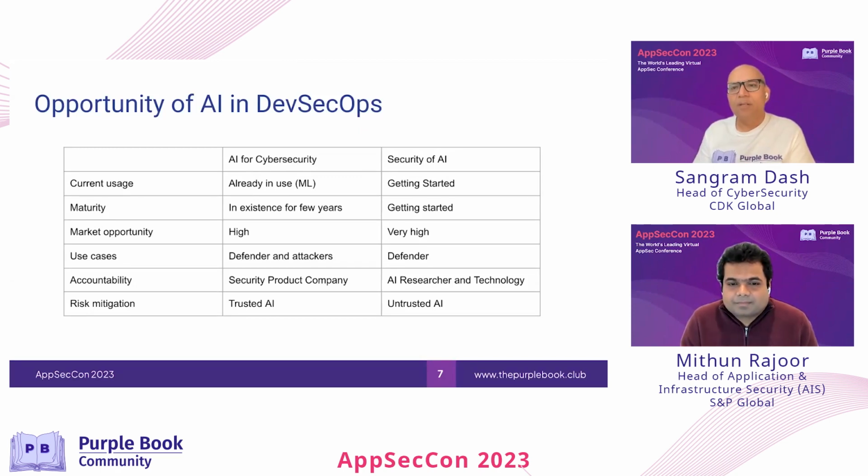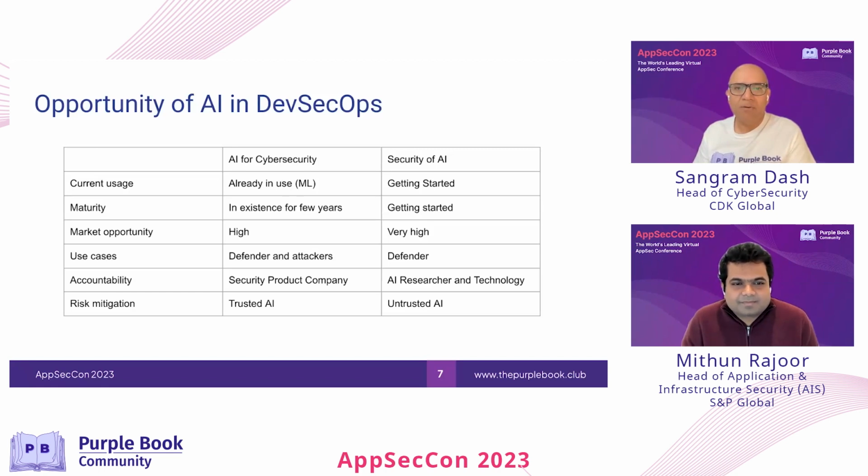So the way we'll train these models, essentially proactively identifying the false positives, and ensure that the models are behaving right. So there will be some aspect of training which will go into these models. And then the use cases can be for defenders and attackers, but it depends on how that's being used.